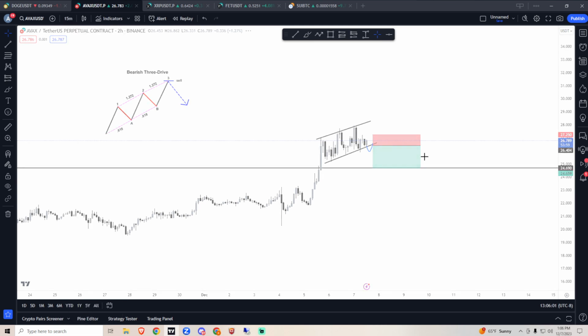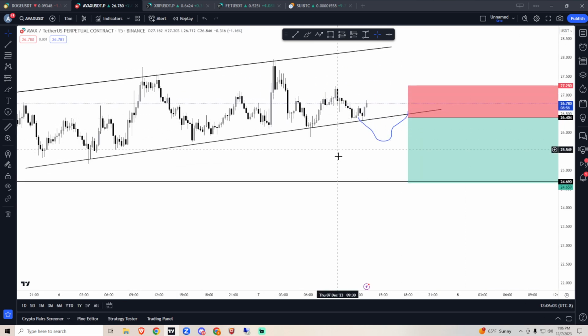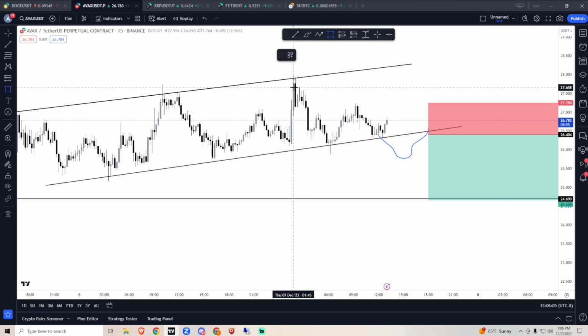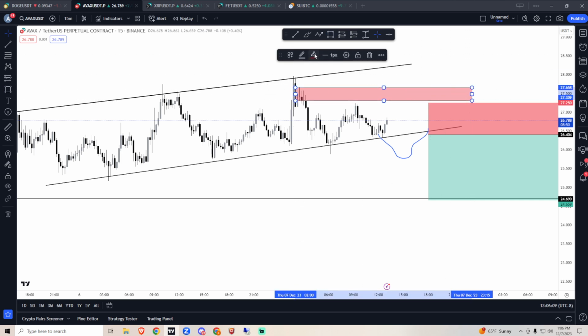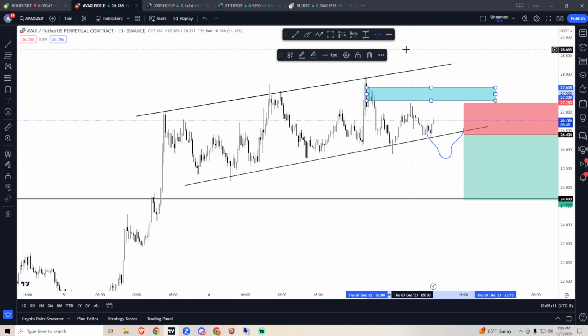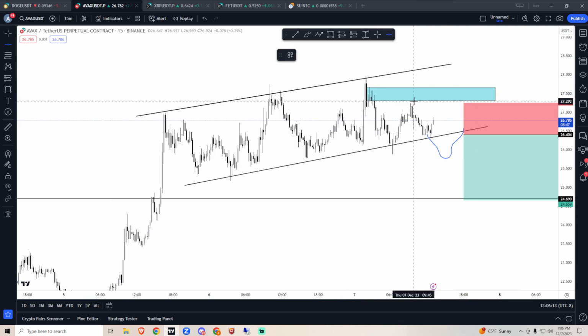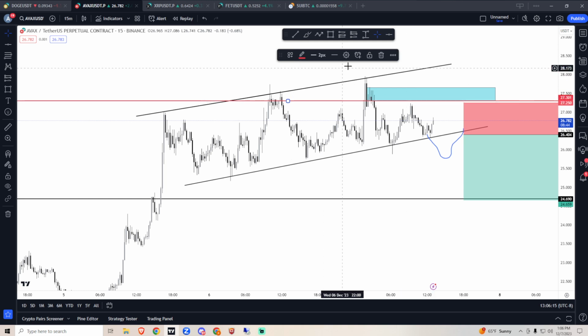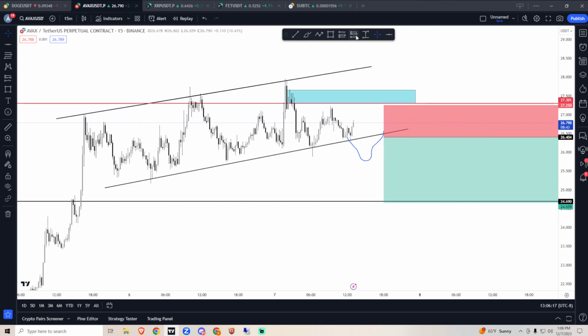I'm not looking to short again, but if you guys were looking to short this coin, you have an order block, right? Here is your resistance or an SR point. We're still in an uptrend, so no point in trying to short.